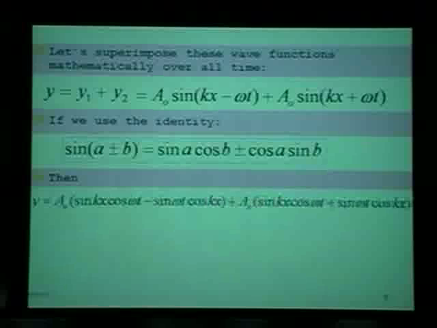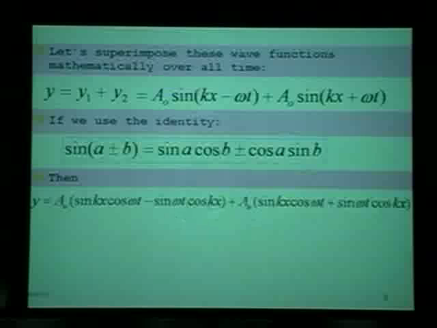Bear with me, I'm headed somewhere with this. So we have a naught sine kx cosine omega t minus sine omega t cosine kx, plus a naught sine kx cosine omega t plus sine omega t cosine kx.